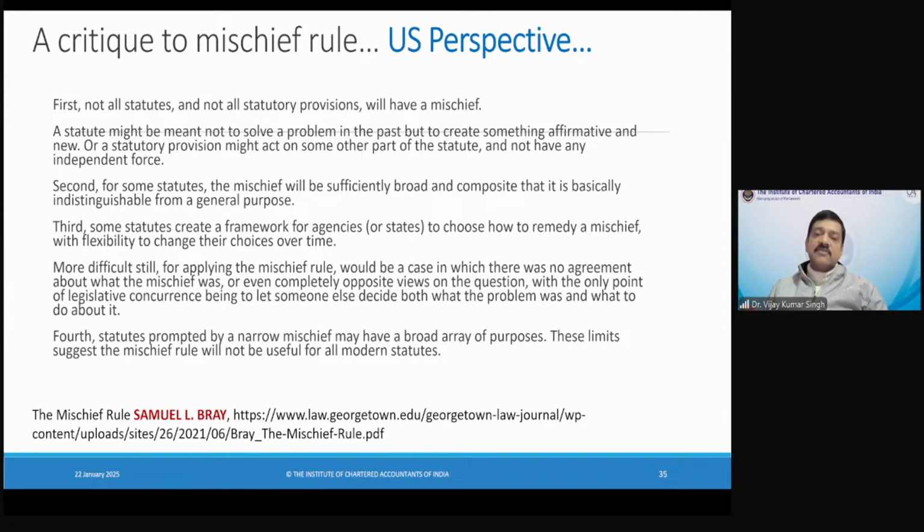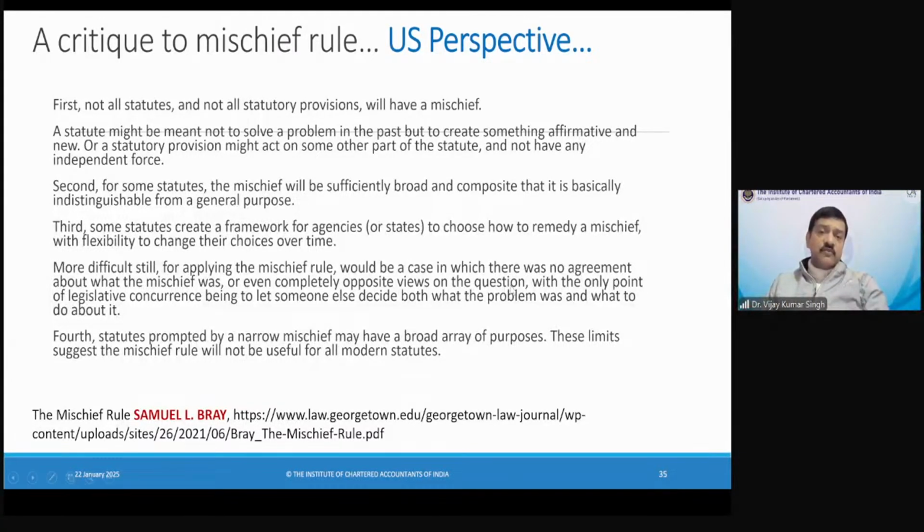Many a time statutes are created to create a framework of agencies, like for example, the Competition Commission of India is brought into force, or maybe NFRA is brought into force. It is not necessary that they are there for curing some mischief. So this is the critique which has been given.